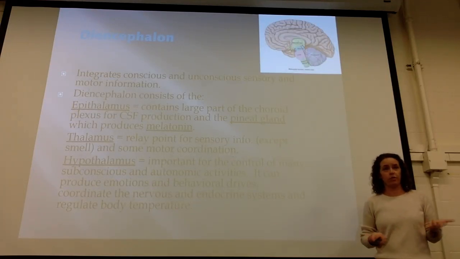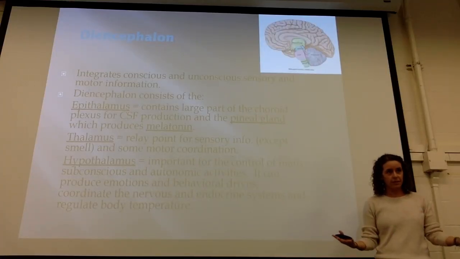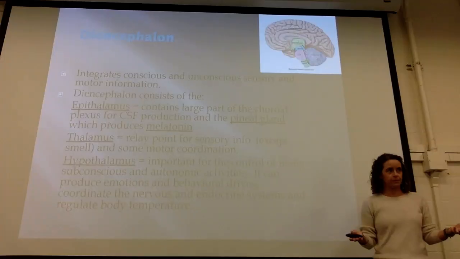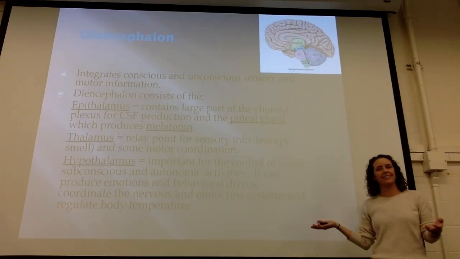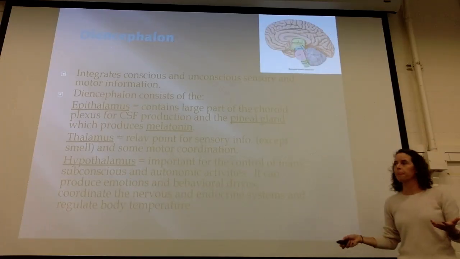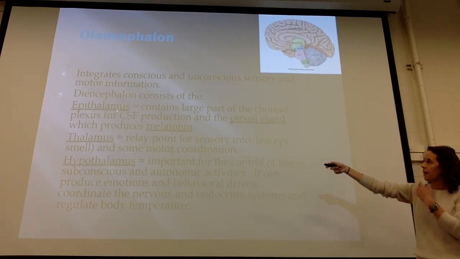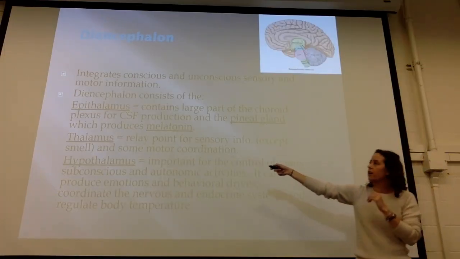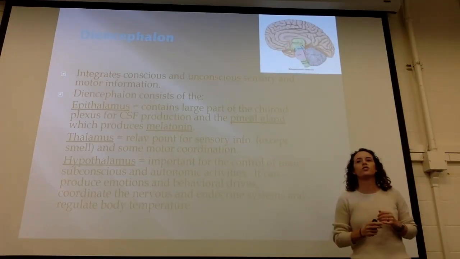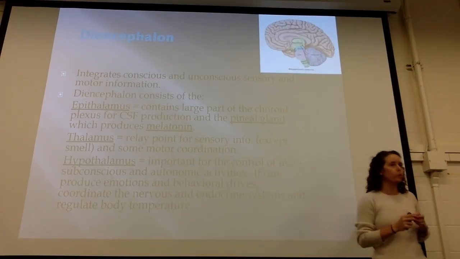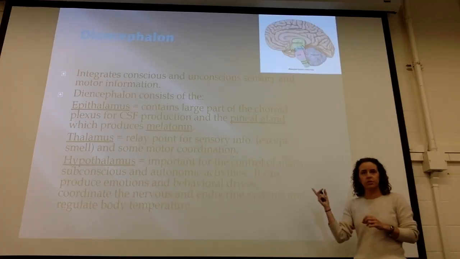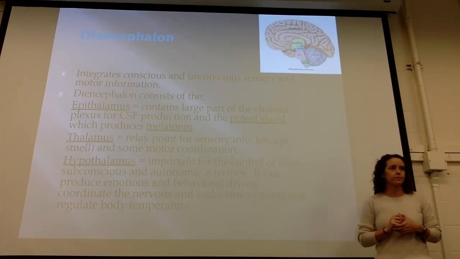Melatonin is sold over the counter as a sleep aid. Melatonin is a hormone that is naturally released as you go to sleep. It is produced in larger quantities at nighttime when it's dark. Also in the epithalamus, we see a production of CSF, cerebrospinal fluid. So that is produced in the epithalamus.